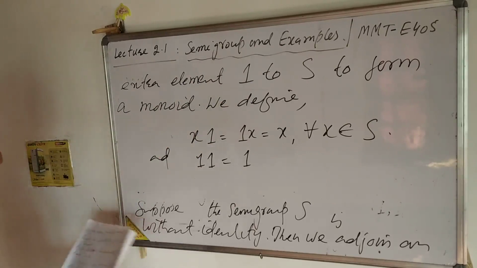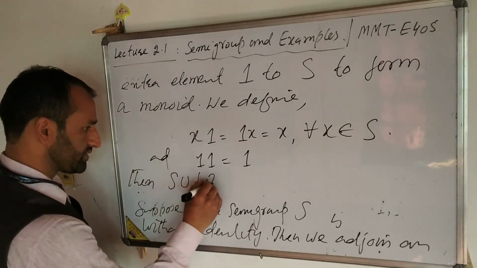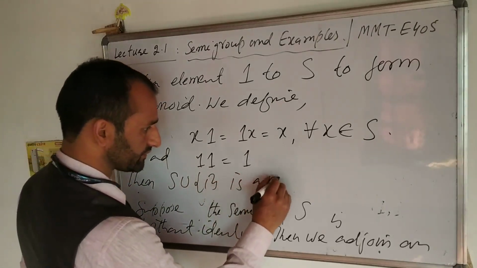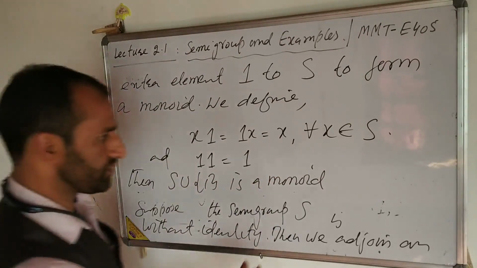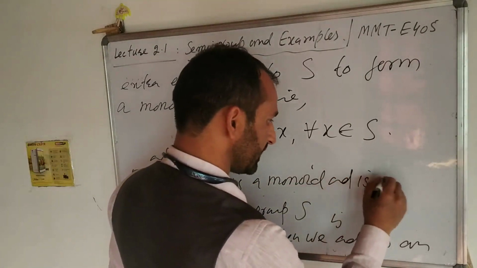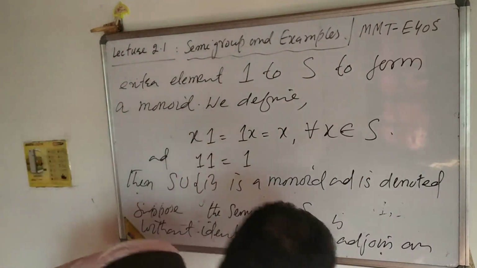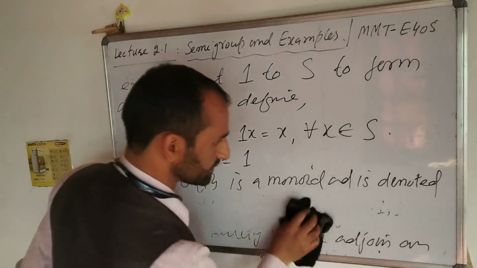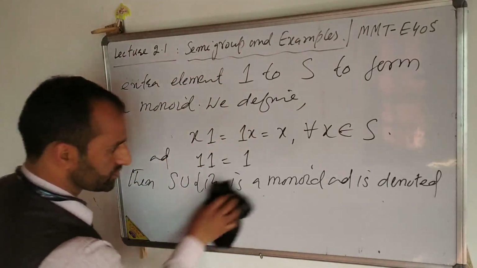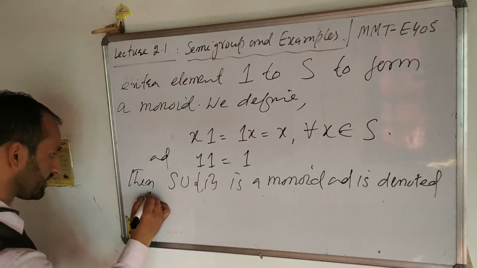S union 1 is a monoid, and it is denoted by S1.